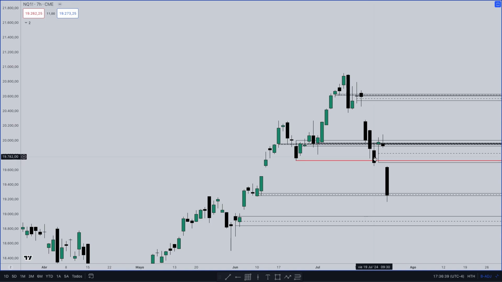So this is important. Look at the price action between these two daily candles on regular trading hours. We close here with a bearish candle, and we open inside of this range, but we close below.